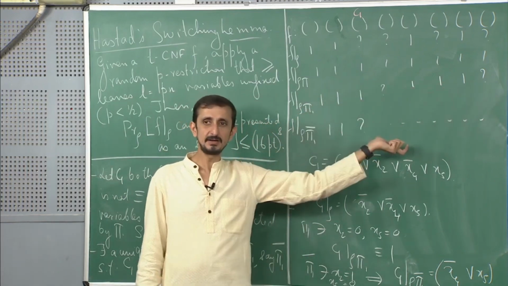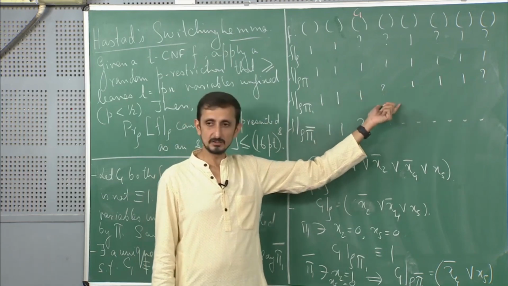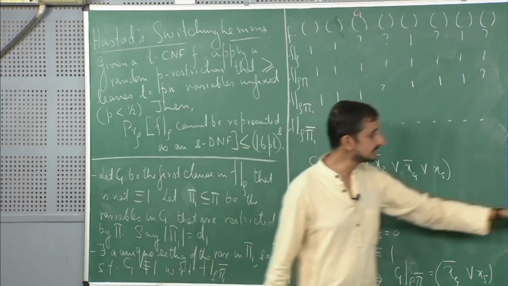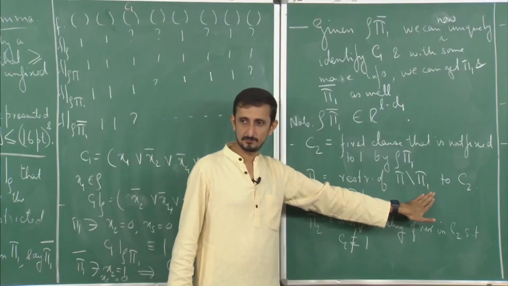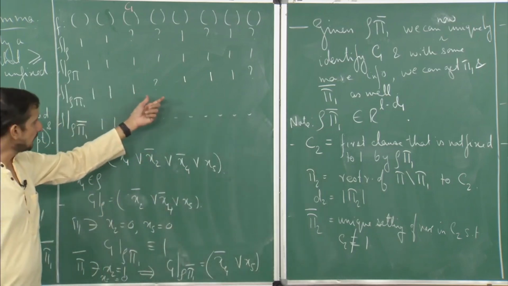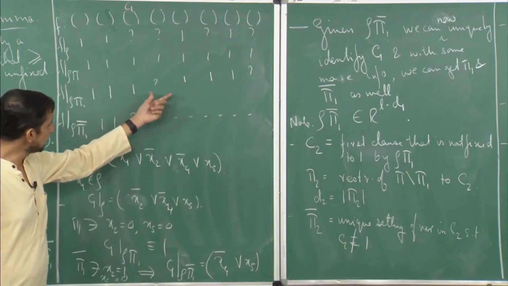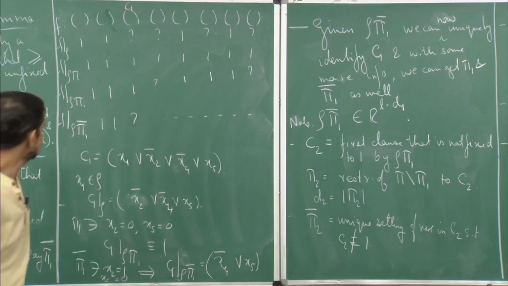It is only setting some D1 variables, so there will be some other clause that is not being set to 1. Look at that clause, look at the remaining set of variables in that clause. So, from pi remove the variables of pi 1, and look at the variables that are present in C2. So, this will be our C2 in this case.